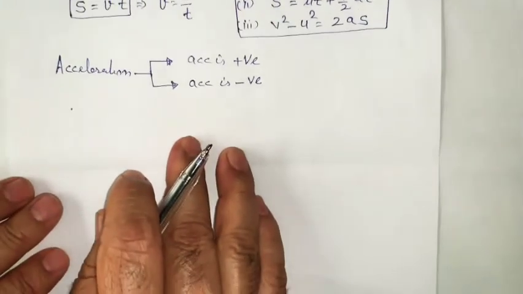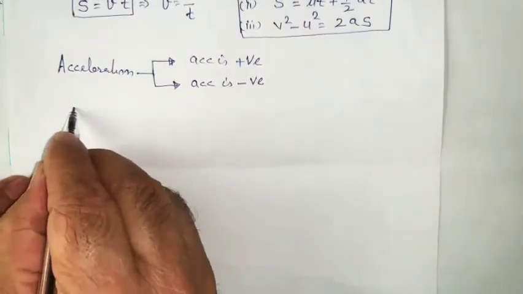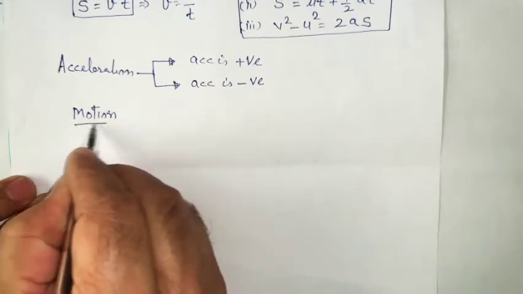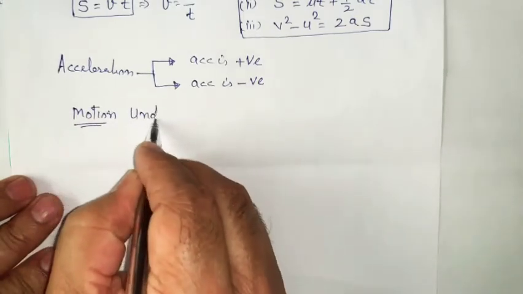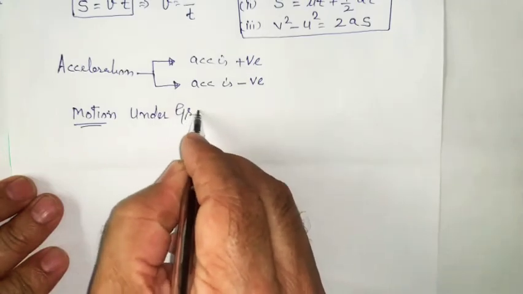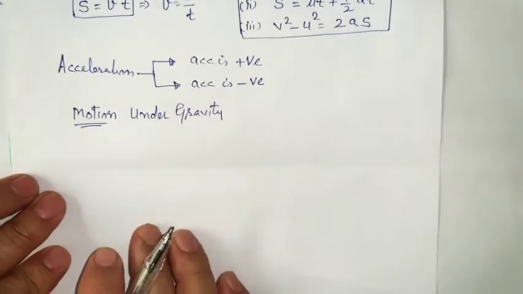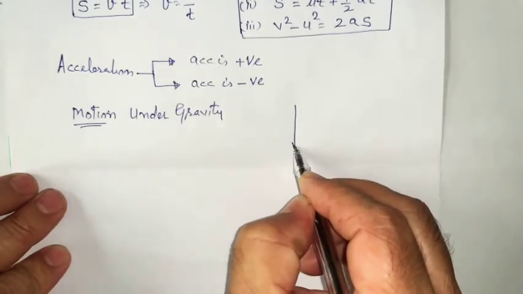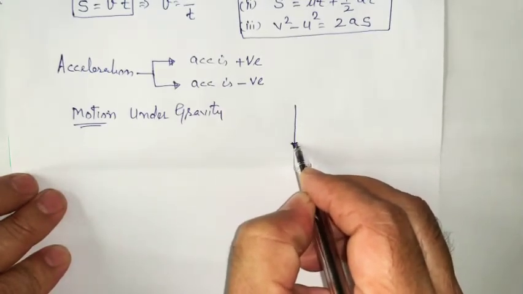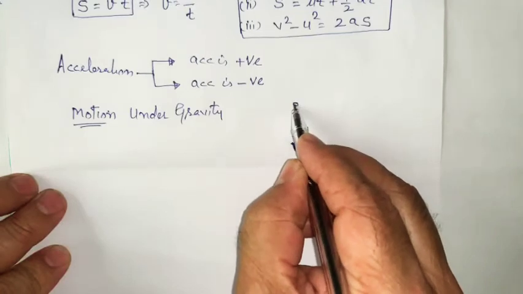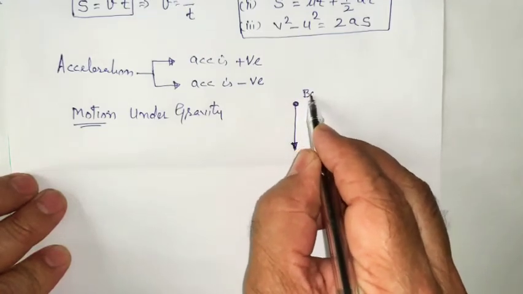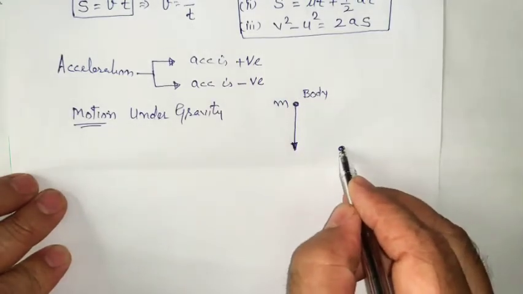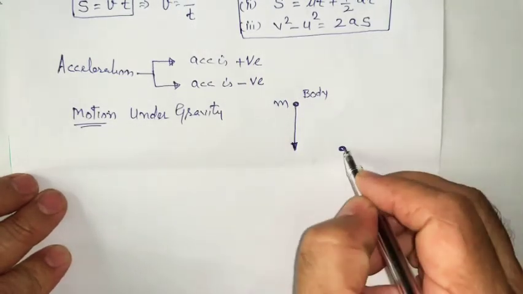It is also noted that sometimes you will also discuss motion under gravity. The body may fall downward, or the body may move upward. Body of mass m falls downward and body of mass m moves upward.